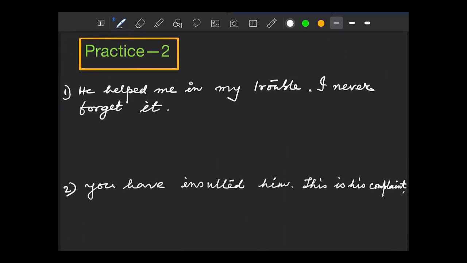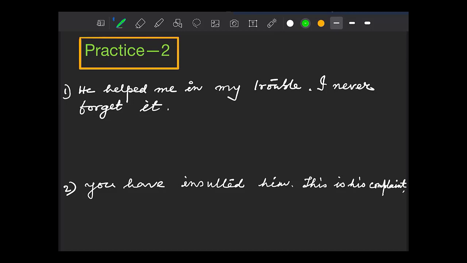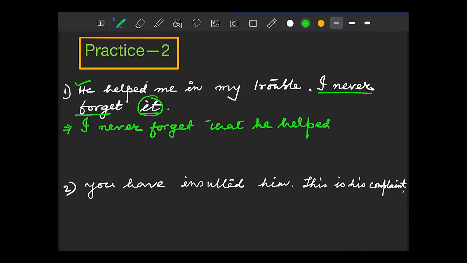Now see the answers. He helped me in my trouble. I never forget it. It means the idea of this sentence. So start writing this sentence first. I never forget. In place of it, I will write this sentence. I never forget that he helped me in my trouble.